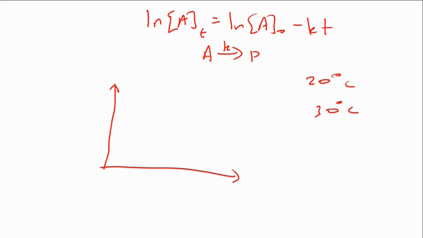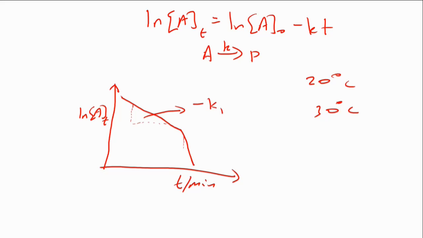I am telling you that once you change the temperature, the rate constant will change. If you move from 20 degrees Celsius, the slope would be maybe something like this. But the minute you change to a higher temperature, you end up with a steeper slope. Look at this. You will get one rate constant from here, minus k1.